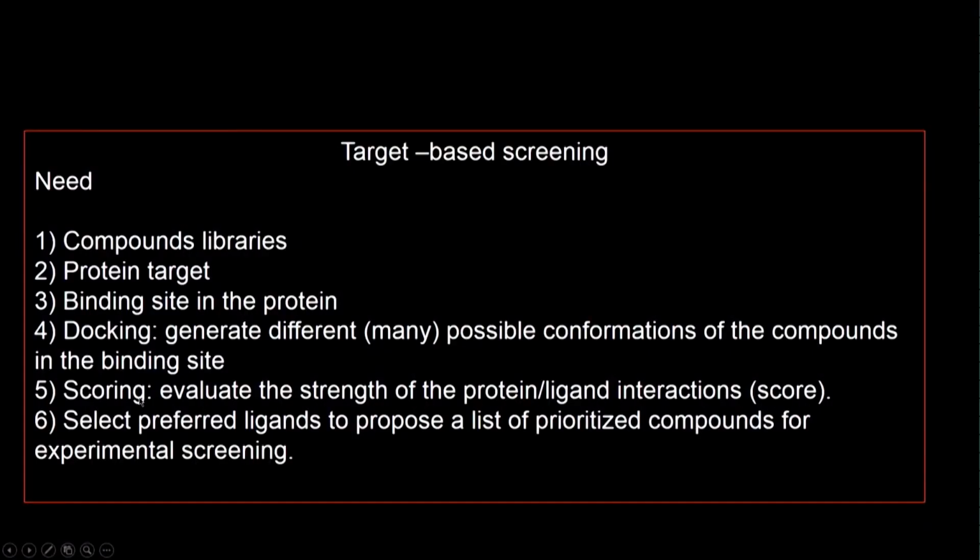Then many software programs perform scoring; it calculates a number, just like your marks, based on the energy of the non-bonded interaction, that is the binding energy or interaction energy. Different software has different ways of calculating the scoring function.